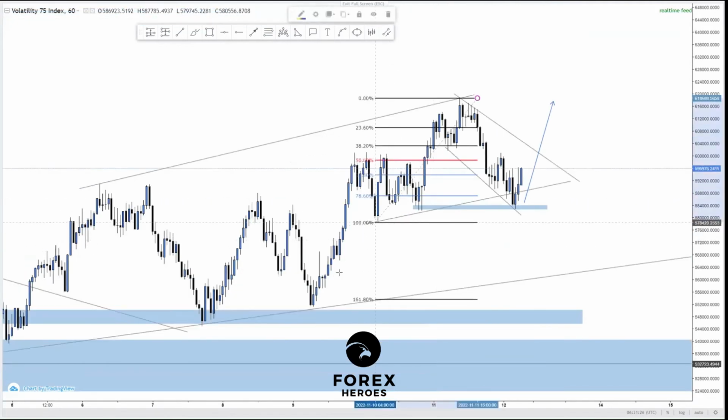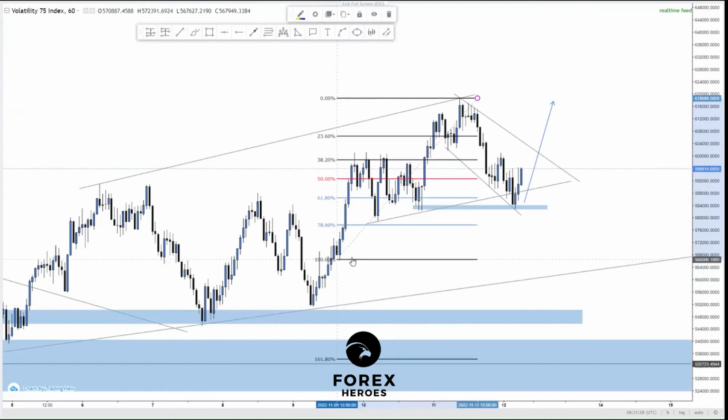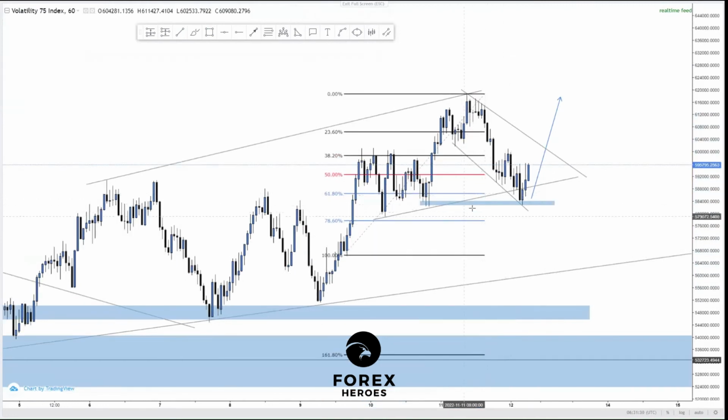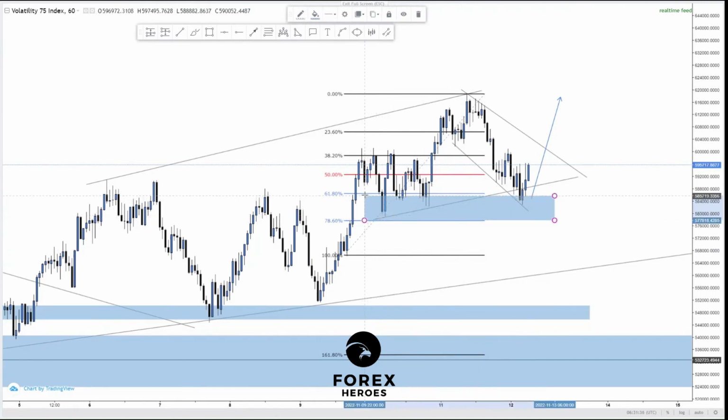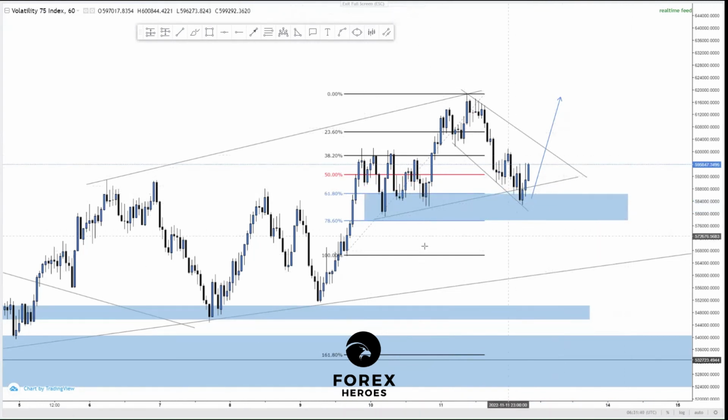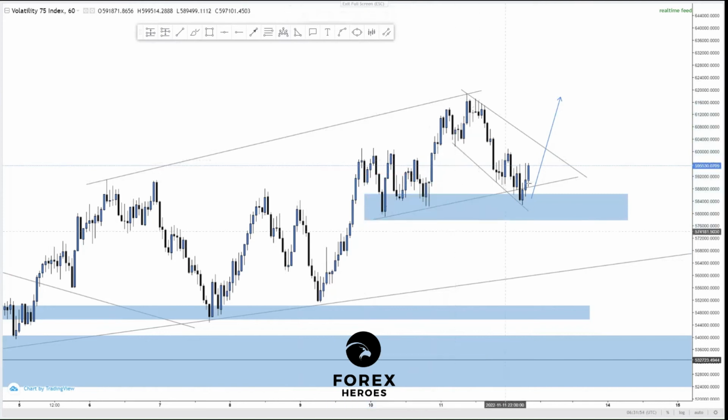If you take it all the way, we are within this range. So this is how it's supposed to be, because we moved on this low and went up. We want to see what the retracement of this is.